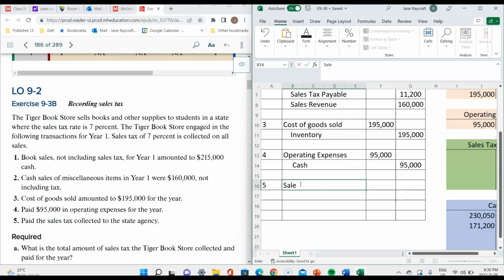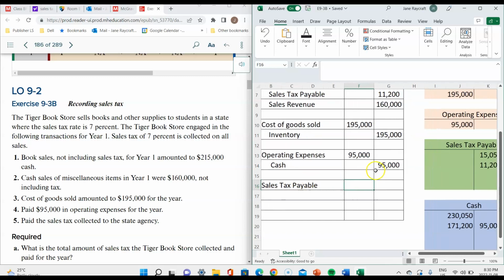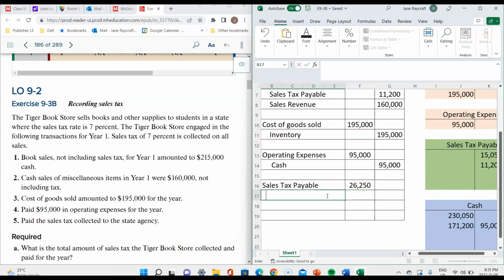So I'm going to debit my sales tax payable by the total amount that I've collected. So in total, I collected that on the first sale, that on the other sale. So that's the amount that I'm paying off, and I'm going to take that out of my cash.